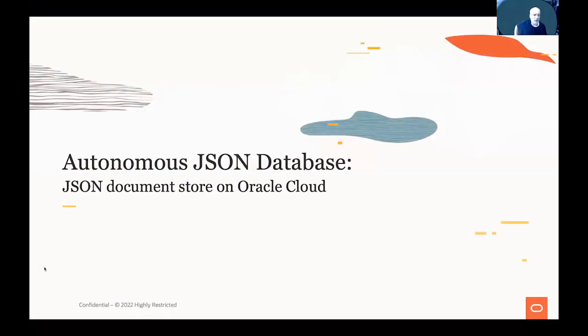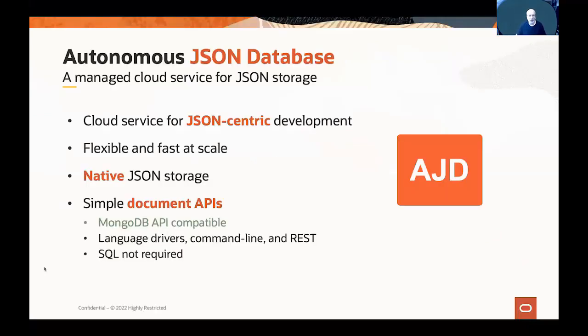to fix it. So I'm going to talk a little bit about Autonomous JSON Database and give a demo of Autonomous JSON and the MongoDB API. Autonomous JSON Database is part of Oracle's Autonomous Database cloud service, and it's aimed at JSON developers, people who want a simple way of working with data using JSON documents.